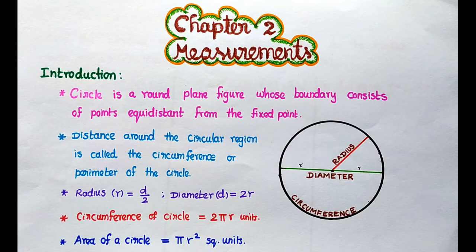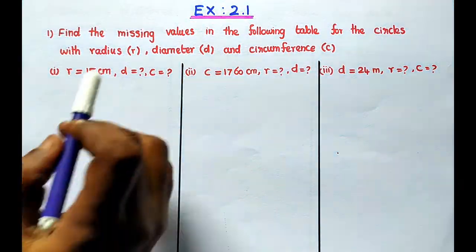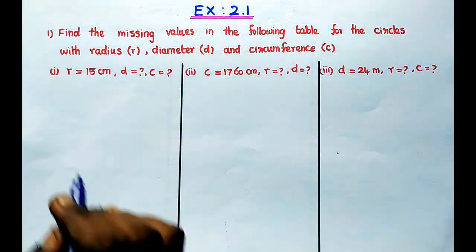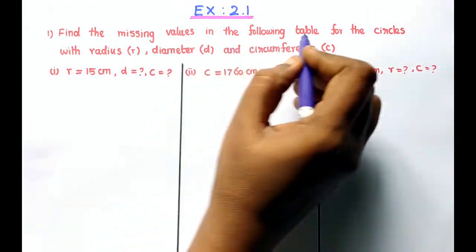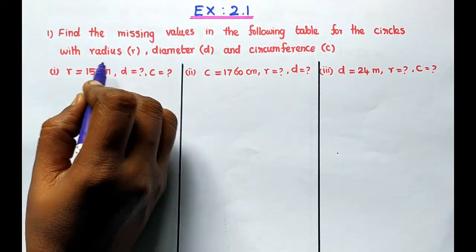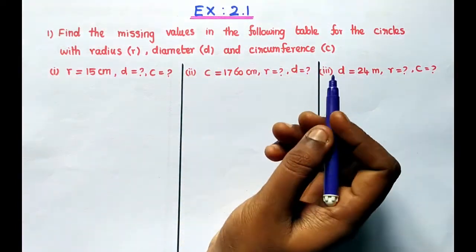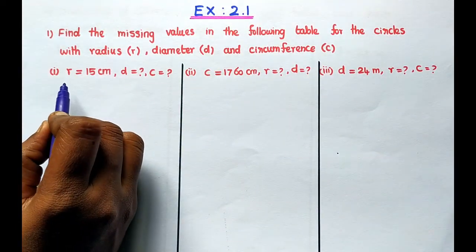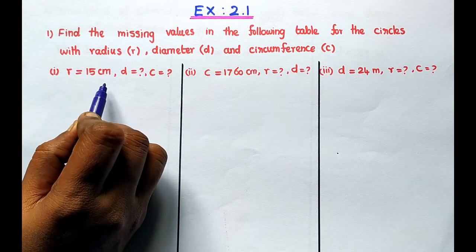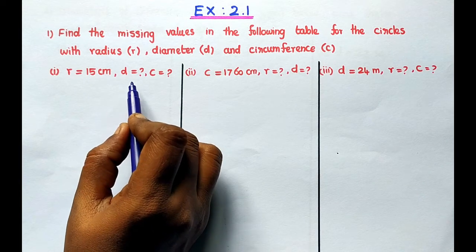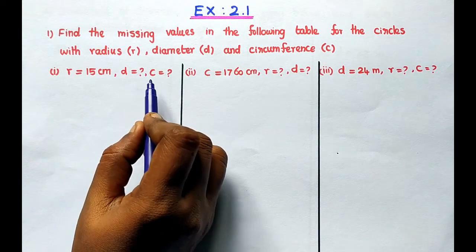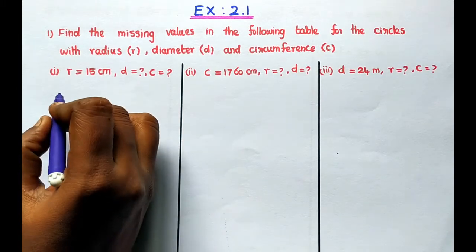Now let us get into the exercise sums. First sum, find the missing values in the following table for the circles with radius r, diameter d and circumference c. Listen, first one, r equal to 15 centimeter and we have to find the diameter and circumference.